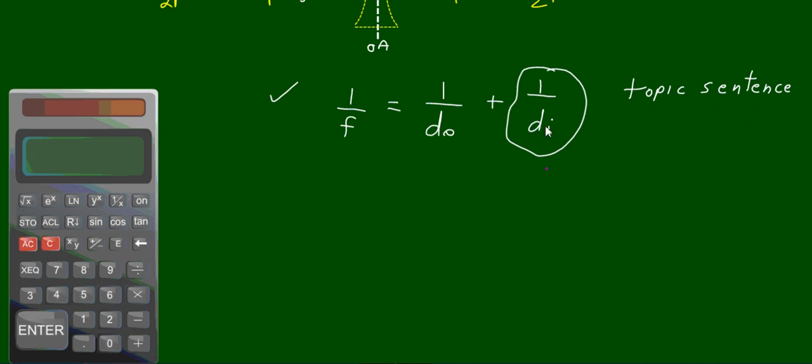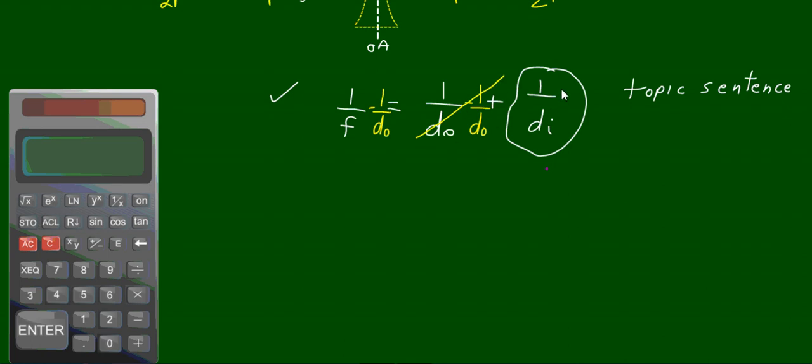So I want to isolate this particular term here, 1 over d sub i. In order to isolate it, I must remove 1 over d sub o. However, as you have learned in math, you can't simply just erase this term. You must subtract 1 over d sub o from this side, like so. And what I do to one side of the equation, I must also do to the other to preserve the equality. 1 over d sub o minus 1 over d sub o is 0.